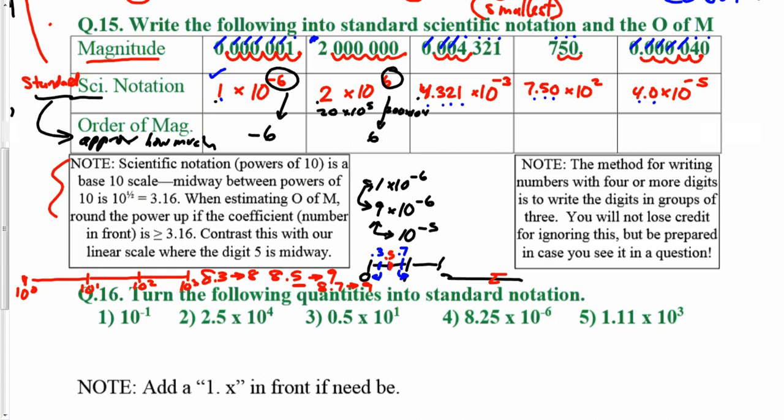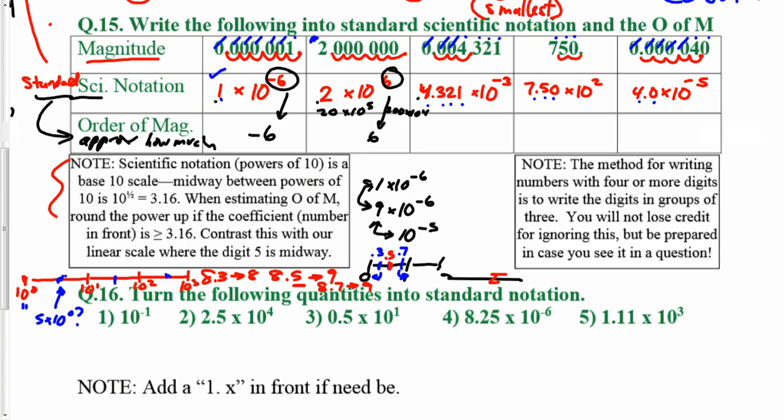You say, okay, so right here is the midpoint. Well, isn't that just 5 times 10 to the 0? Wouldn't this spot be 5 times 10 to the 0? And the answer is no, it would not.